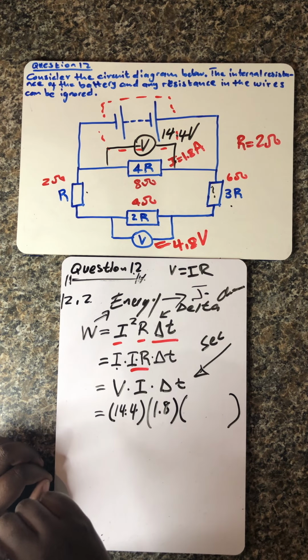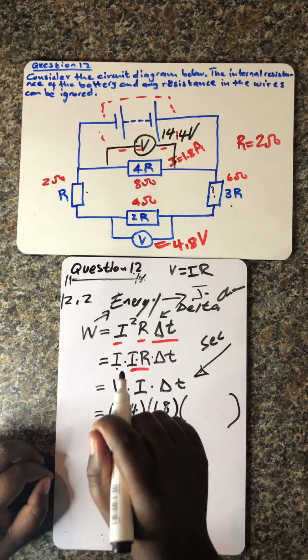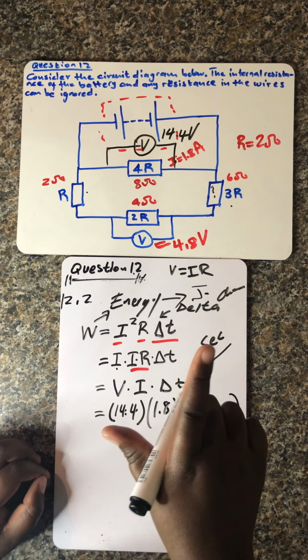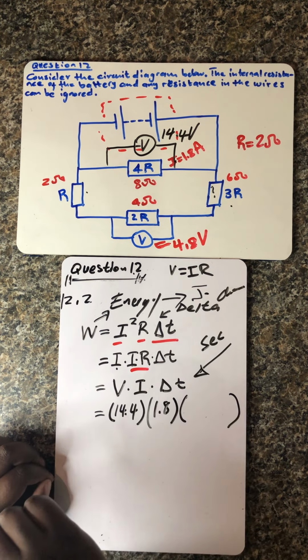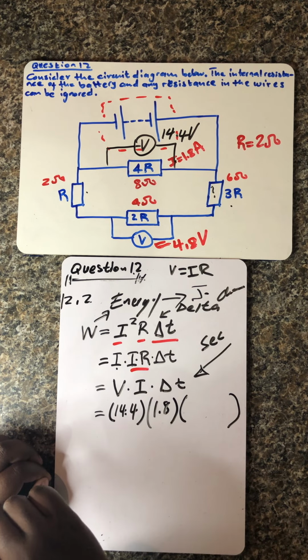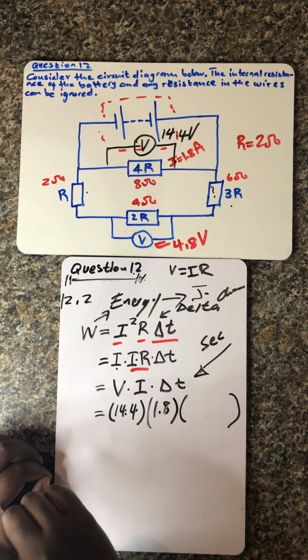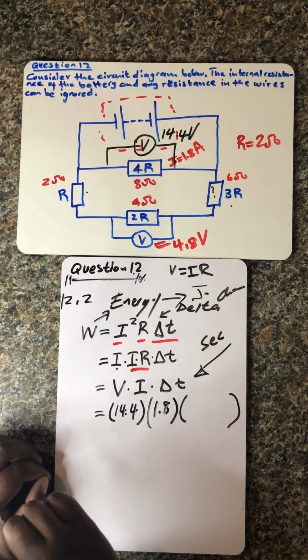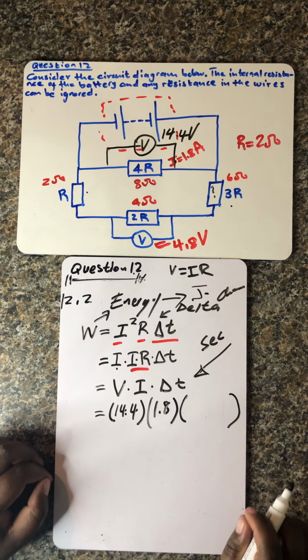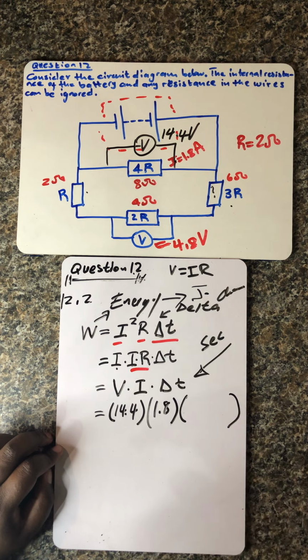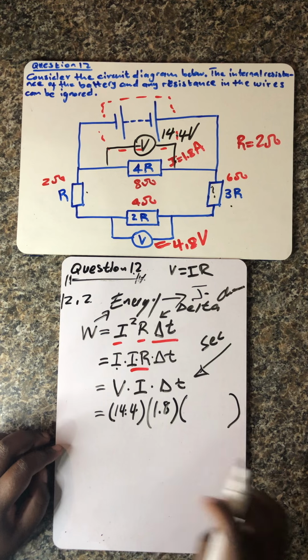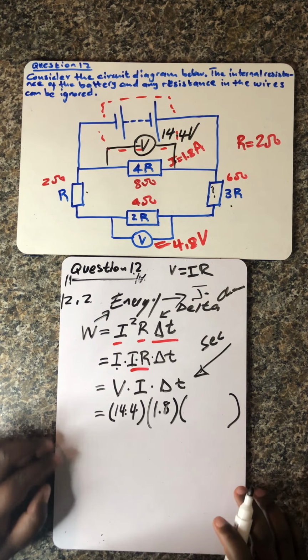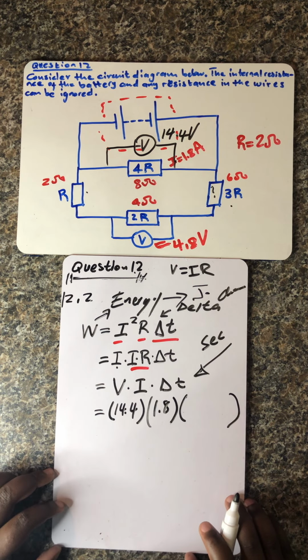If you're given time in weeks, you know you've got 7 days in a week, convert it to seconds. If you're given time in months, convert it to seconds. If you're given time in years, convert it to seconds. So we convert time to seconds, it doesn't matter in what form the time is given to us.